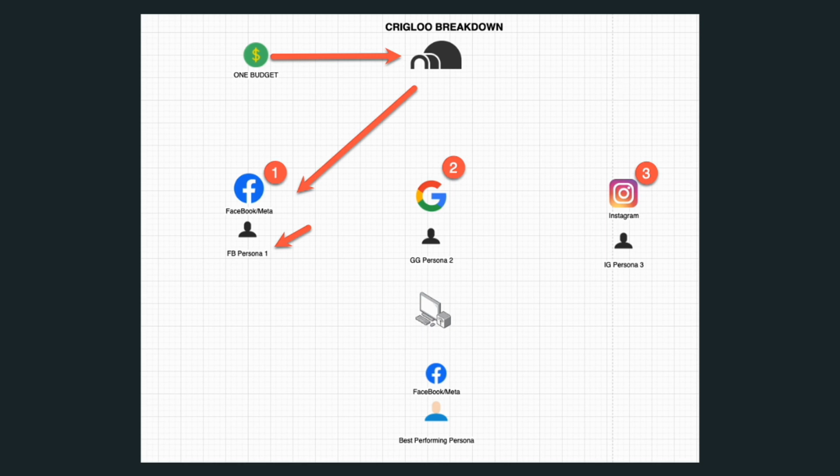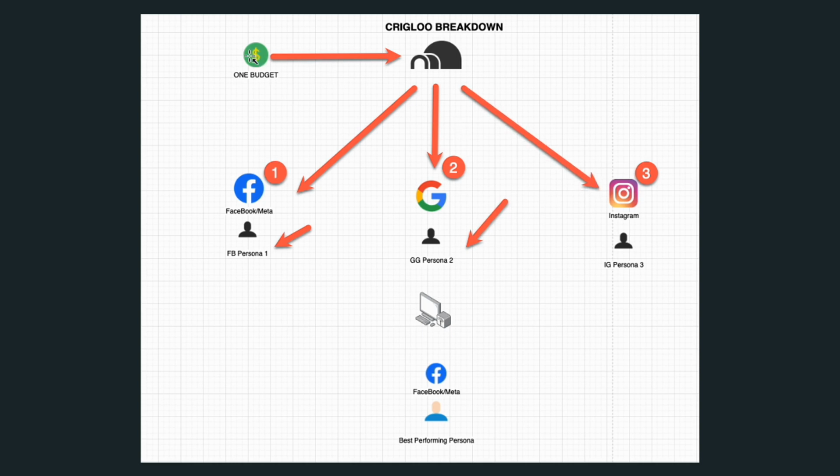Then I want to take another persona and do some pull marketing. People that are looking for people that smoke, people that are looking for this, right? So I'm pushing the information through Facebook, and I'm pulling it from Google through this second persona. Then the third persona, I want to run through Instagram.